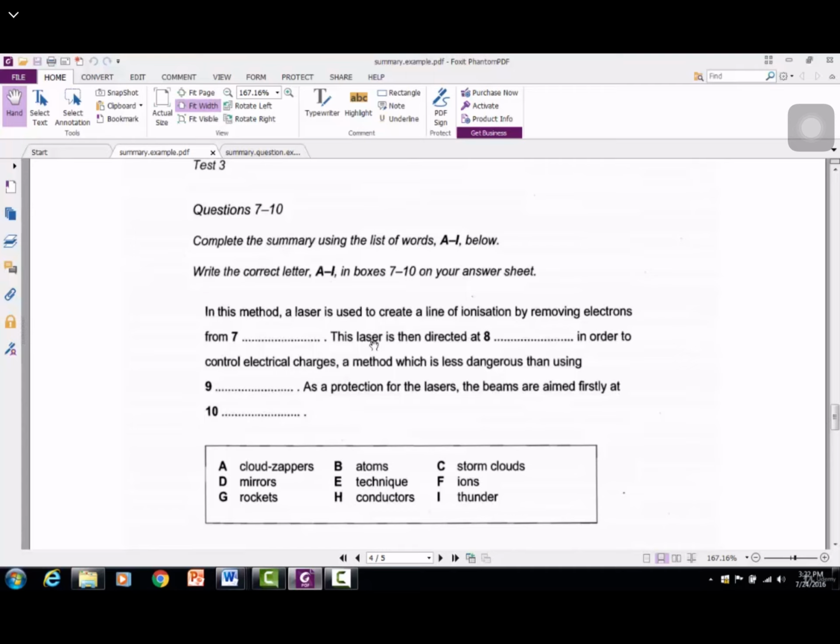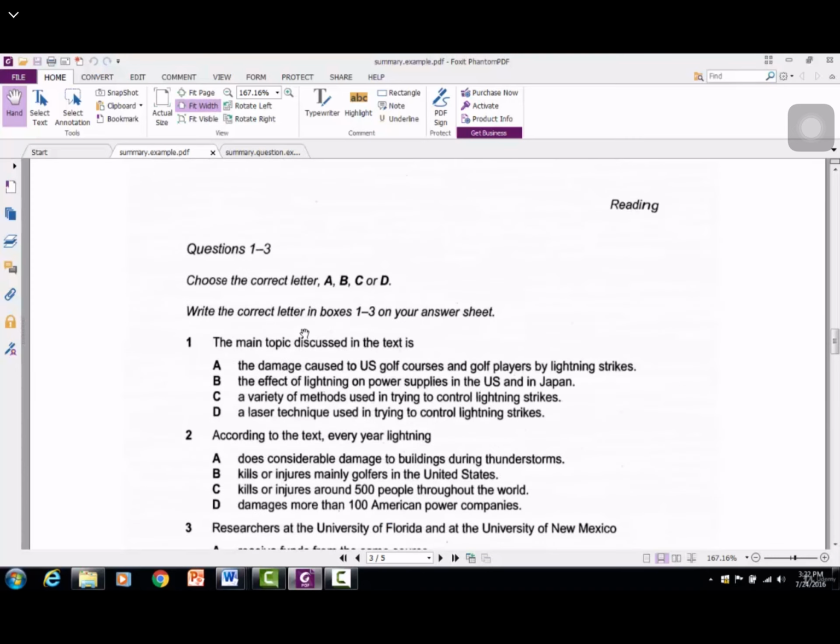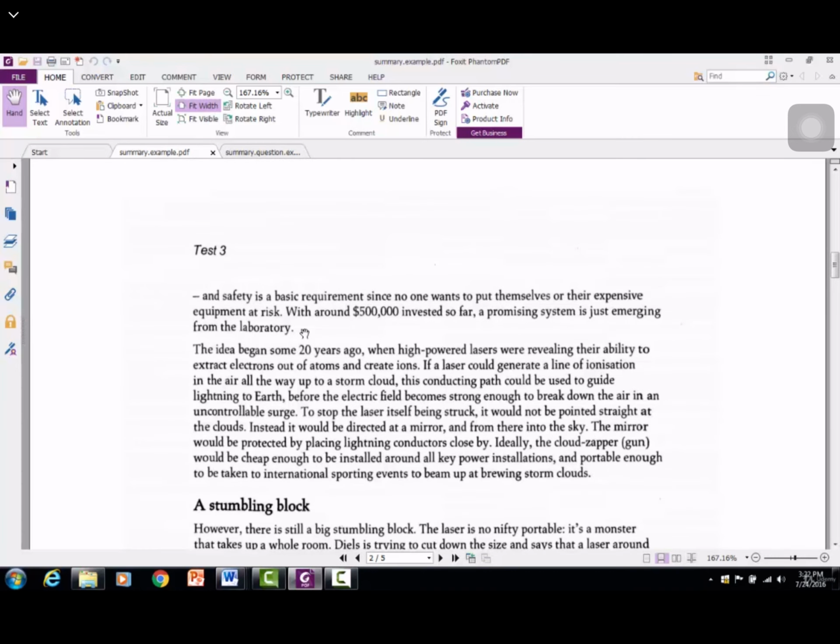So what's key for number 7 is the word remove, because it says removing electrons from. Right, so we're looking at removing electrons from. Now, for a summary question, just be aware that it could be a combination of two sentences. So here's ionization.